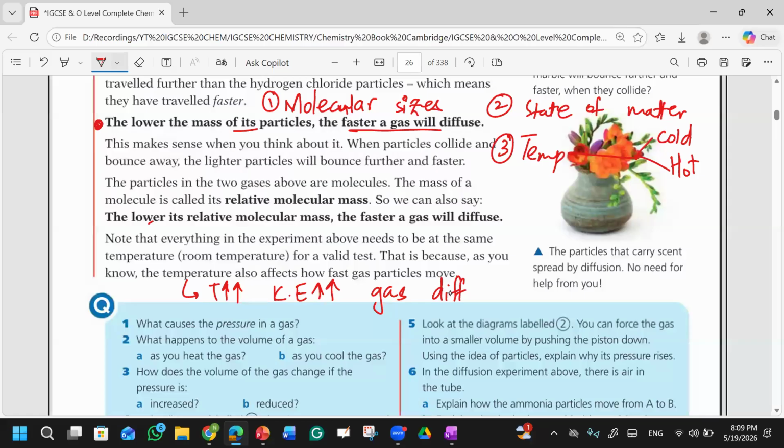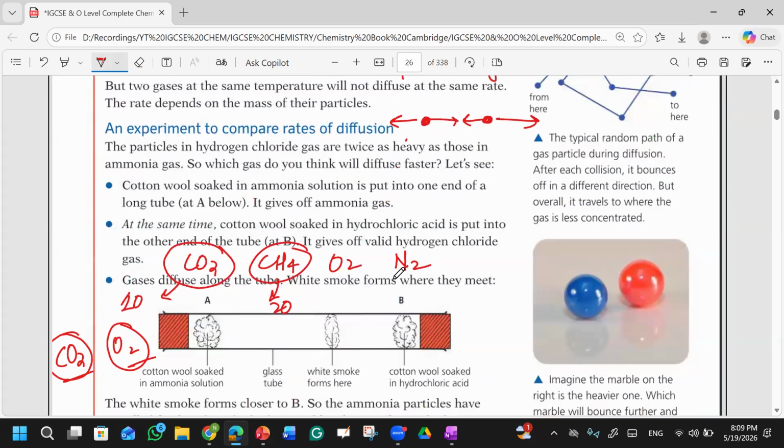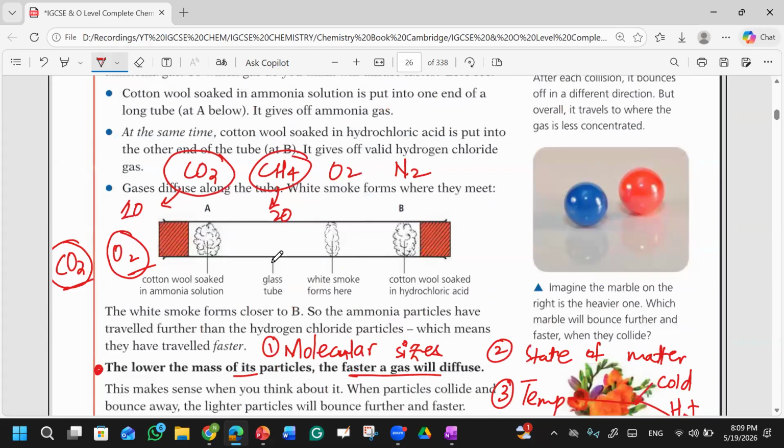The opposite will happen on a cold day, because on a cold day the temperature is less, kinetic energy will be less, right? And the diffusion rate will decrease. Clear? These are some of the things in the diffusion part which we have discussed.